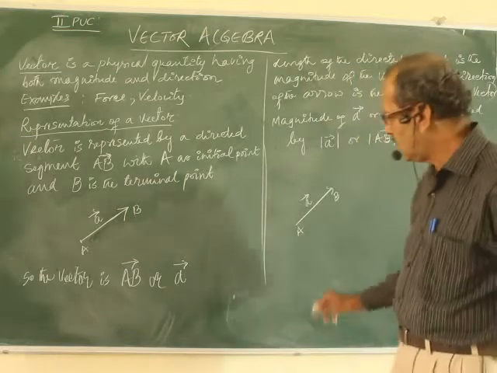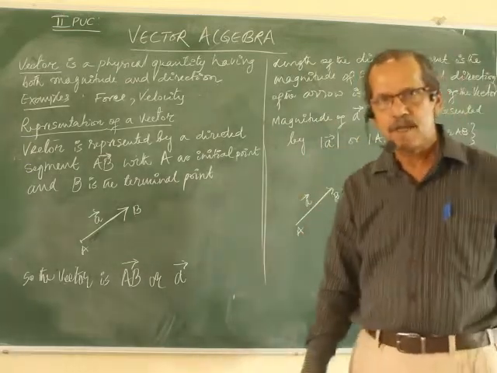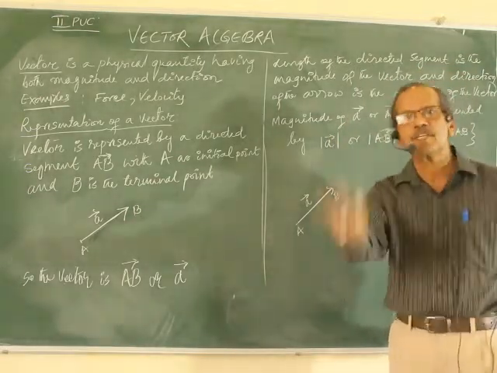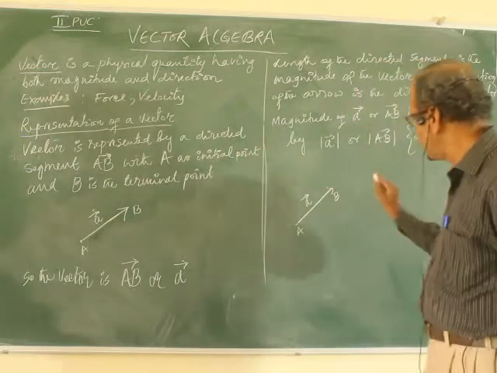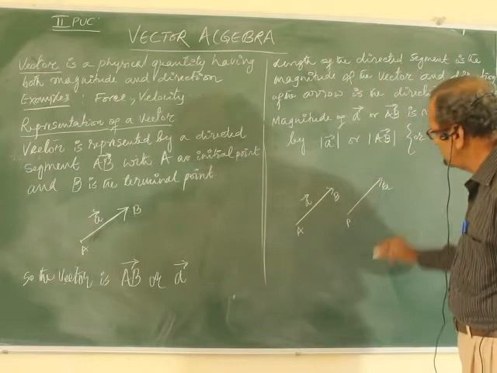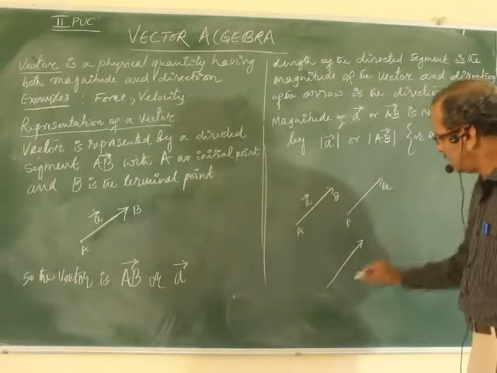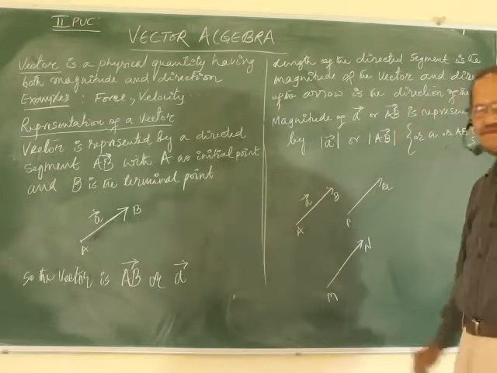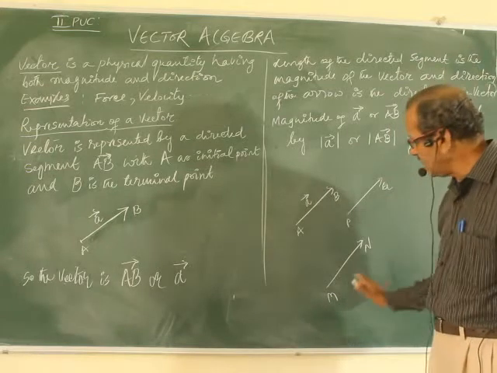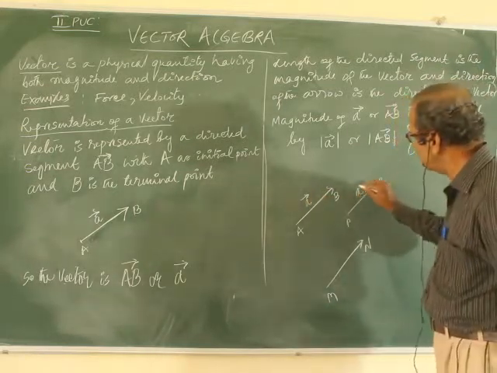That means the initial and terminal points may be different, no doubt, but the direction and length of the vector must be the same. Here, PQ. Here, another, MN. Now the very important thing is, all these three directed segments represent the same vector.